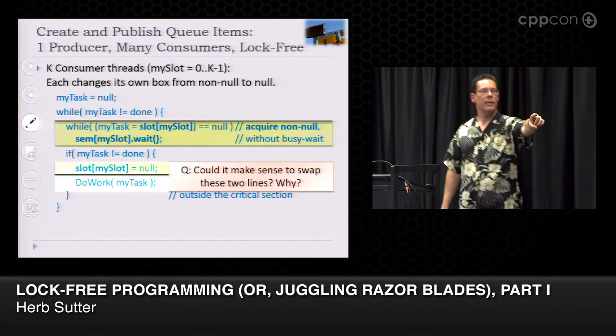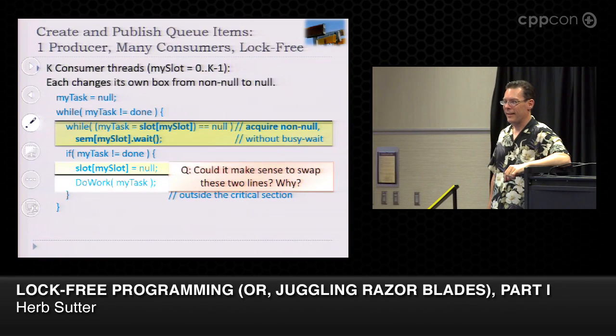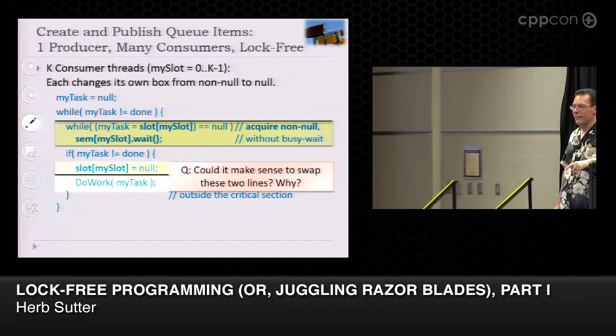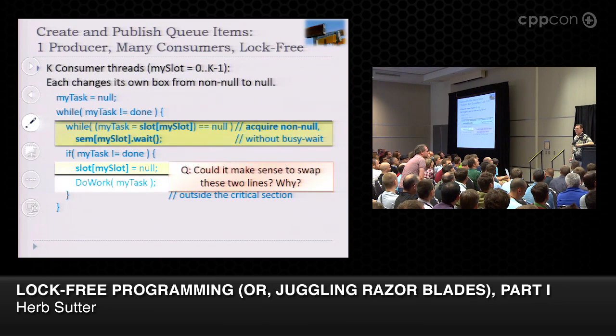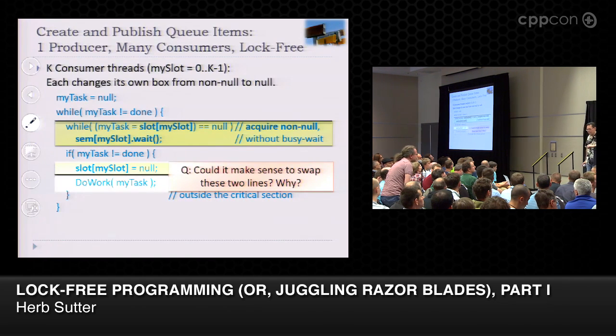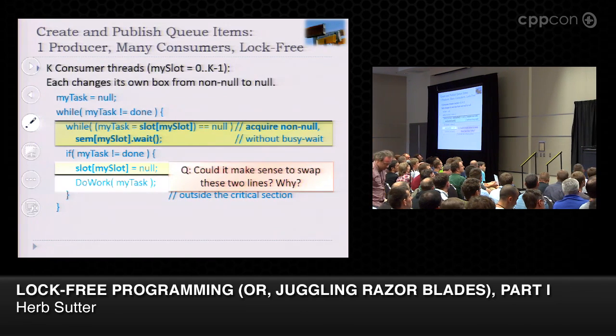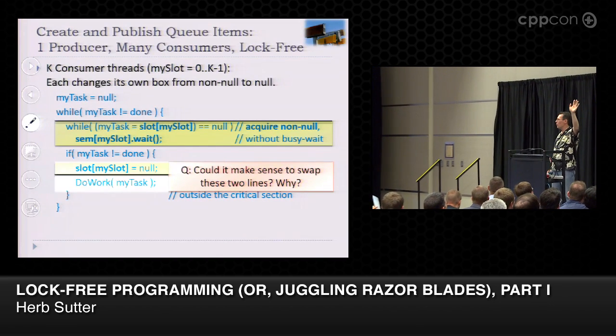I'm going to guess that if the producer is a lot slower than the consumer. Elaborate. Nicely put. If the producer takes more time to produce new tasks than the consumer takes to finish them. Excellent. How many of you think that you can pretty confidently reason about which order to put those two lines in?